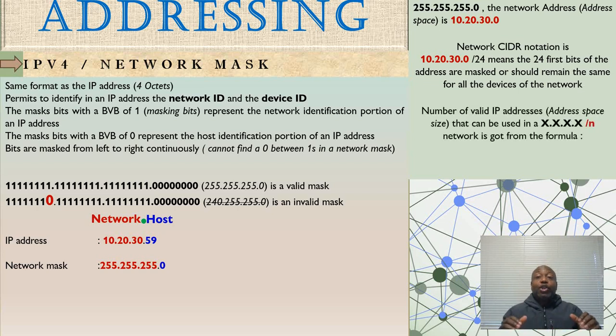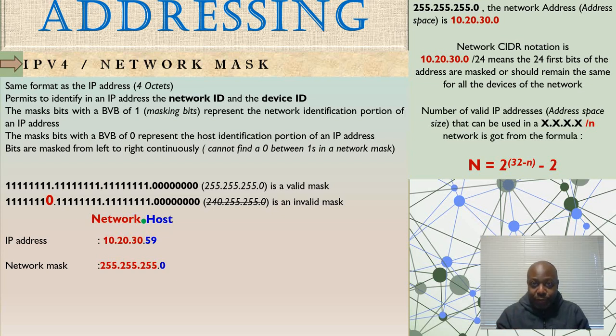If we want to know how many valid IP addresses we can use in this space, because we're going to change values on the blue octet, what are we going to use as a formula? It's going to be 2 to the power of 32 minus n, where 32 is the size of the entire address and n is the number of bits that we are masking that are not going to change.